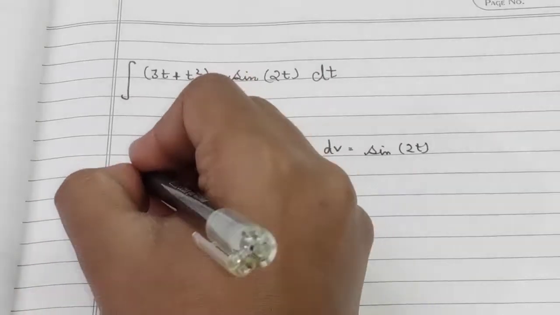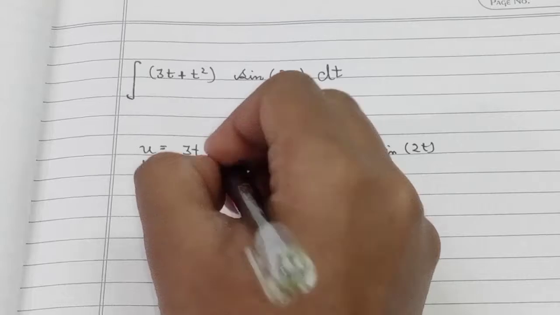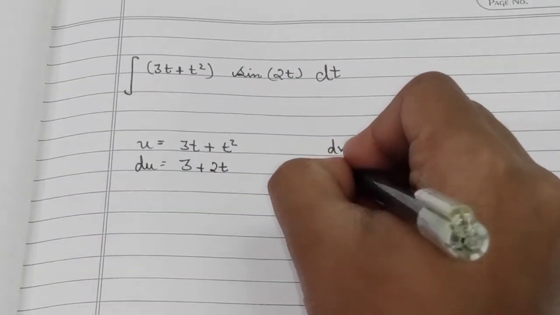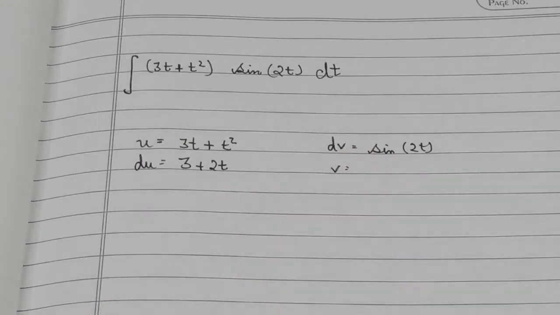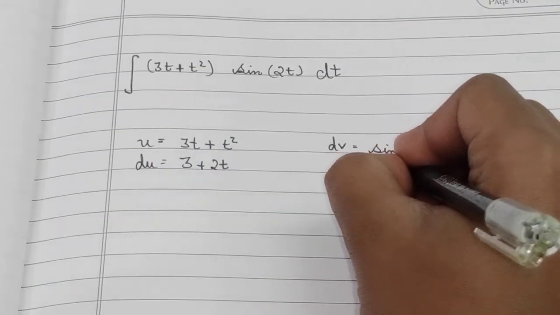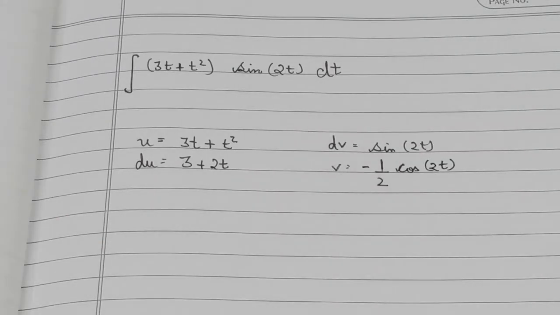Now differentiate this, we get du equals 3 + 2t, and integrate this, we get v equals, since the integral of sine x is negative cosine x, but we have 2t as an input, so we apply the inverse chain rule and we get negative 1/2 cosine of 2t.